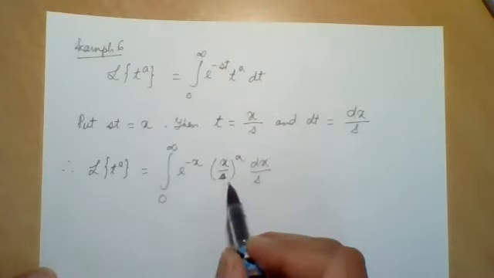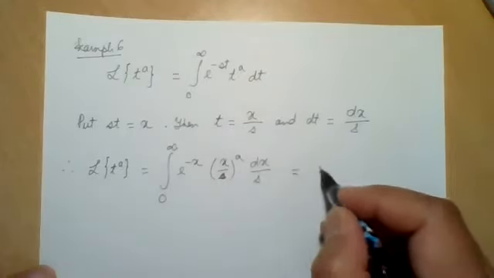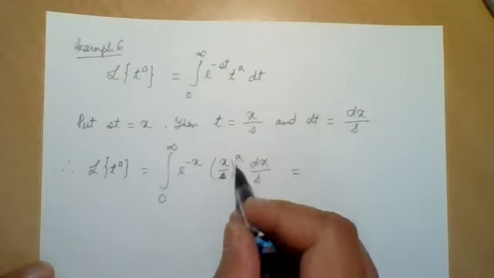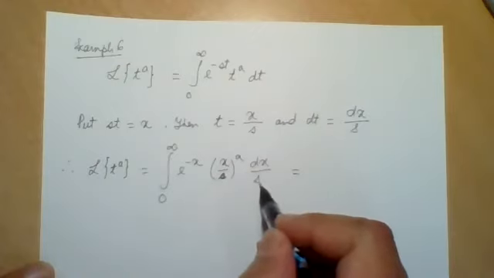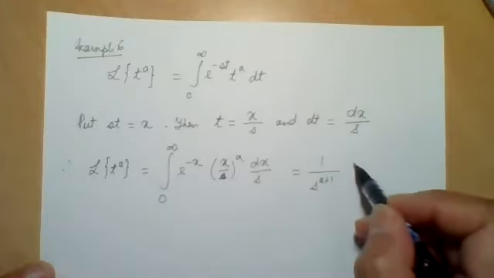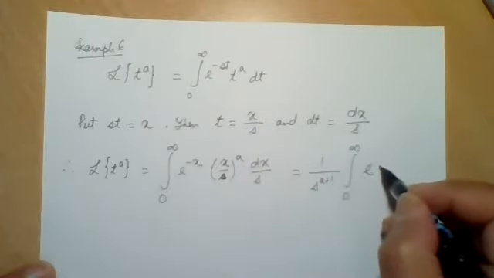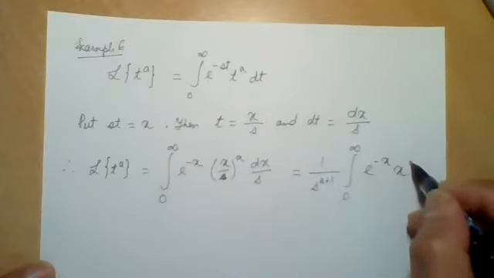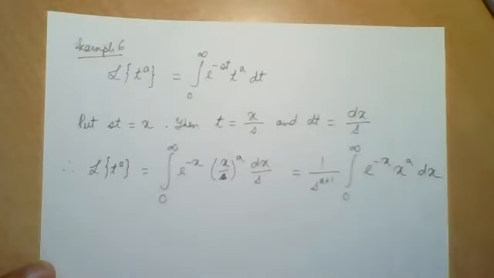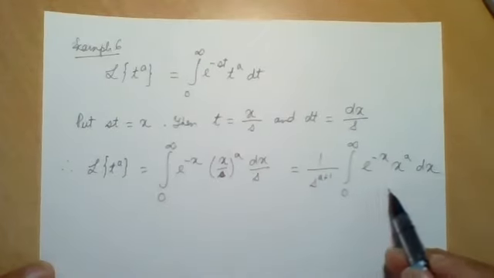This s is a constant, and I can take it outside. So we have 1 by s to the power a multiplied by 1 by s, so this is 1 by s to the power a plus 1, times the integration from 0 to infinity of e to the power minus x, x to the power a dx. And we see that this is a gamma function.